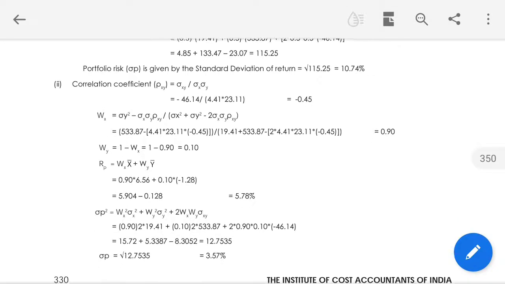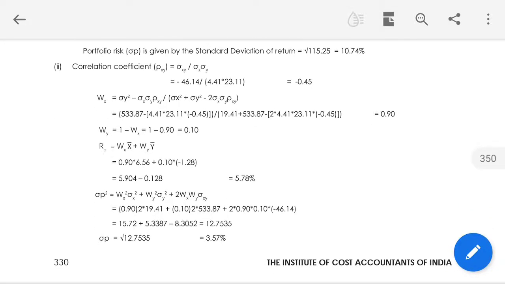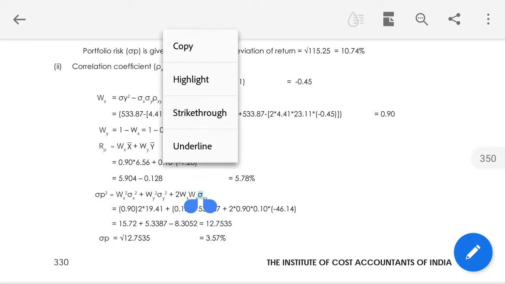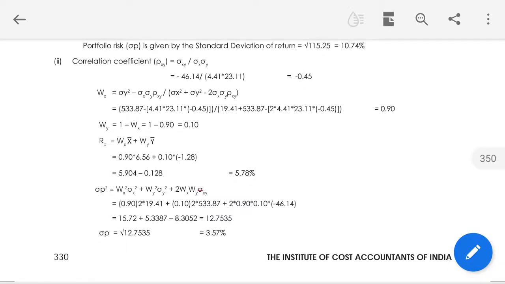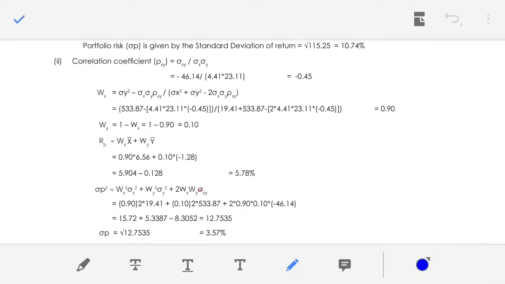Here we calculated the correlation coefficient, rho xy. This one is written wrong here. It is rho. It is how we need to write it, rho xy, like that.